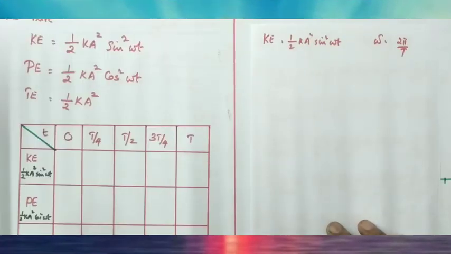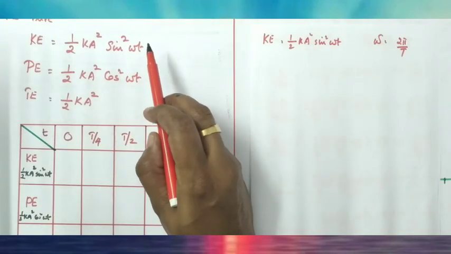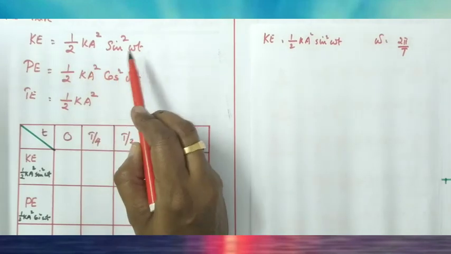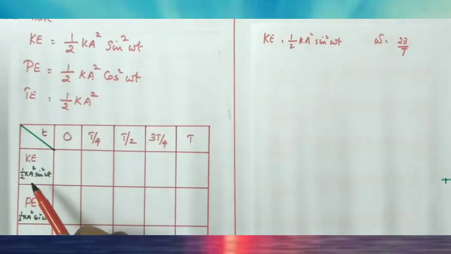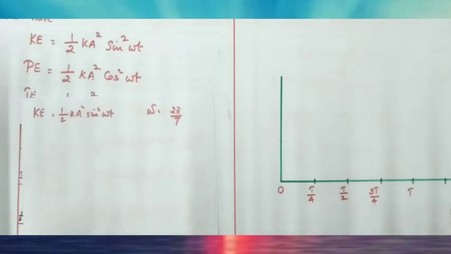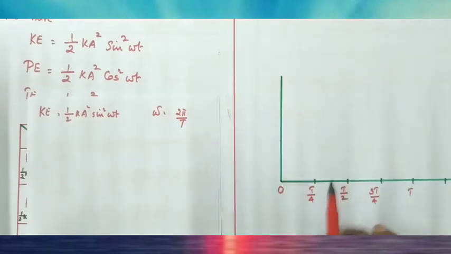We have kinetic energy half k a square sin square(omega t plus phi). For simplification, we can take phi equal to 0. So kinetic energy is half k a square sin square omega t, potential energy is half k a square cos square omega t, and the total energy is half k a square. So we can draw a graph relating time and kinetic energy, potential energy, total energy in a single graph.